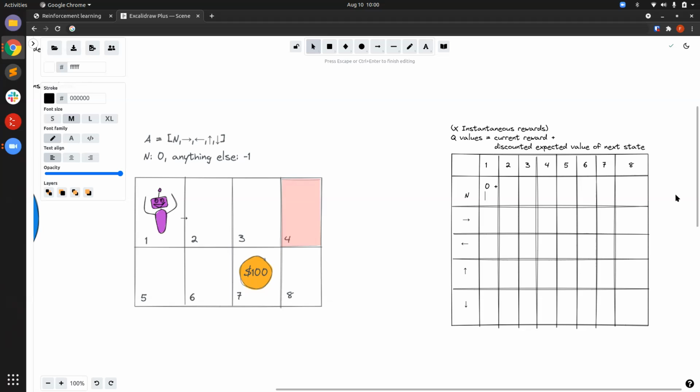My new state is state 2. And when I look at the discounted Q value for state 2, which Q value should I use? Should I use state 2 and no-op, state 2 and go right, state 2 and go left? What should I do?